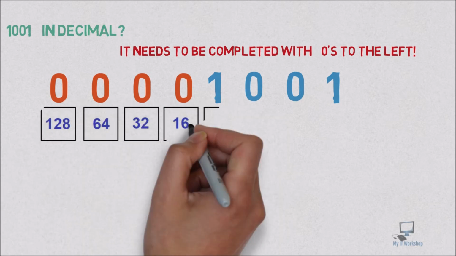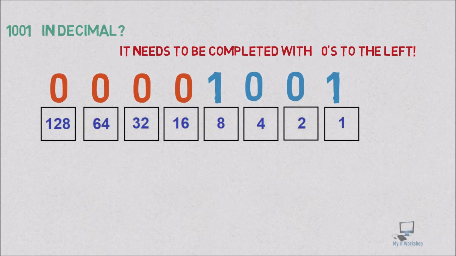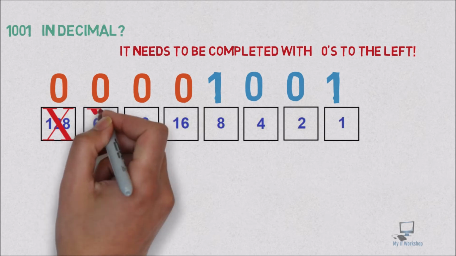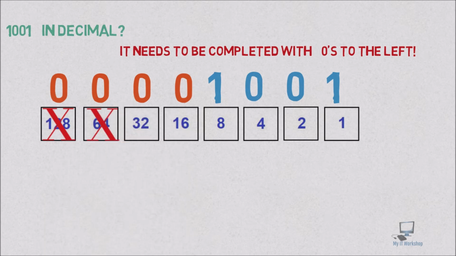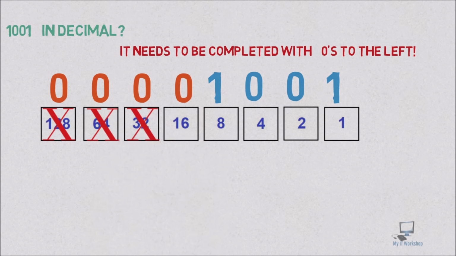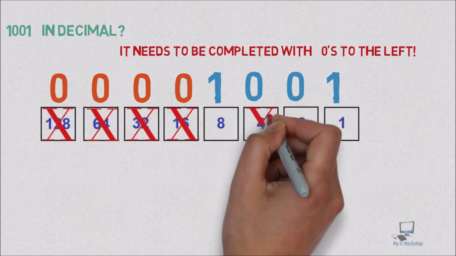I'm going to draw the boxes again, and I'm going to do the exact same process. Do I need 128? Not really. I don't need 64 either. I don't need 32. I don't need 16. And when you have more practice with it, you won't need to do this. It's going to be really, really quick. Again, I don't need 4, and I don't need 2.